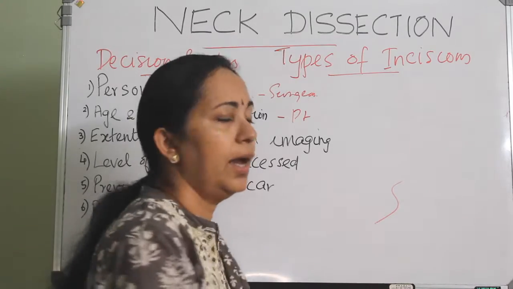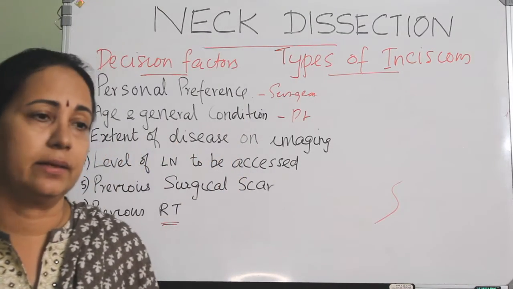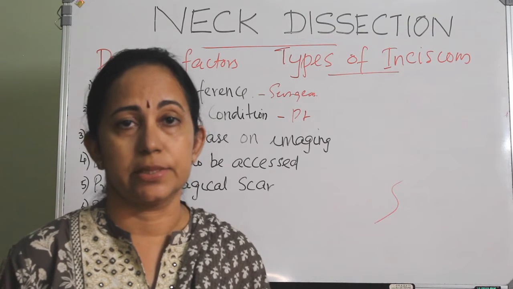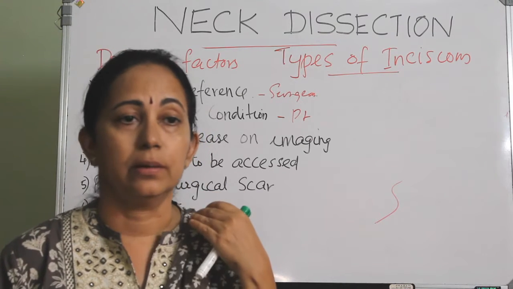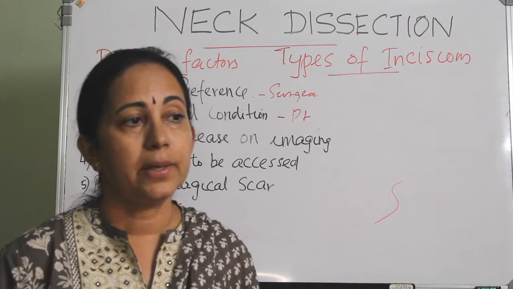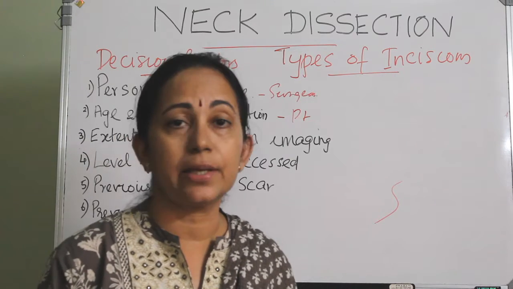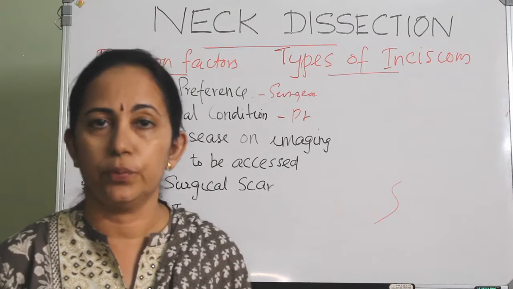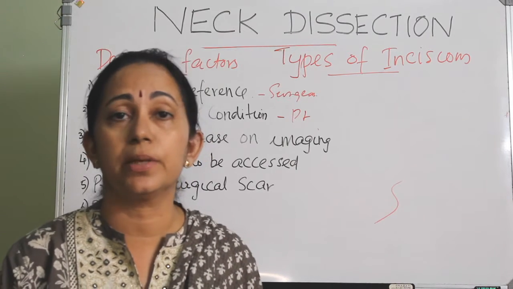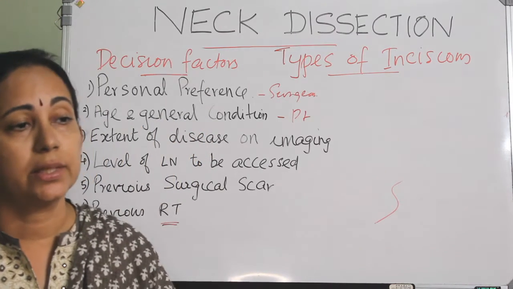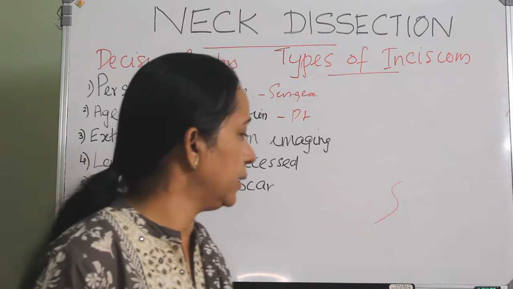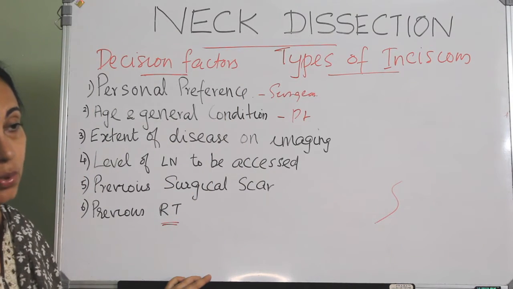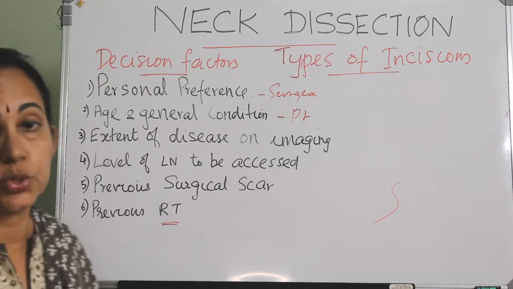And if it is an irradiated neck, the usual teaching is to go for a McFee incision, that is a double horizontal incision. But because of the recent advances, the newer methods of radiotherapy, there is no need of going for a McFee incision. There are so many disadvantages of using a McFee that we will discuss along with the incision. So these are the decision factors to decide which incision has to be used.